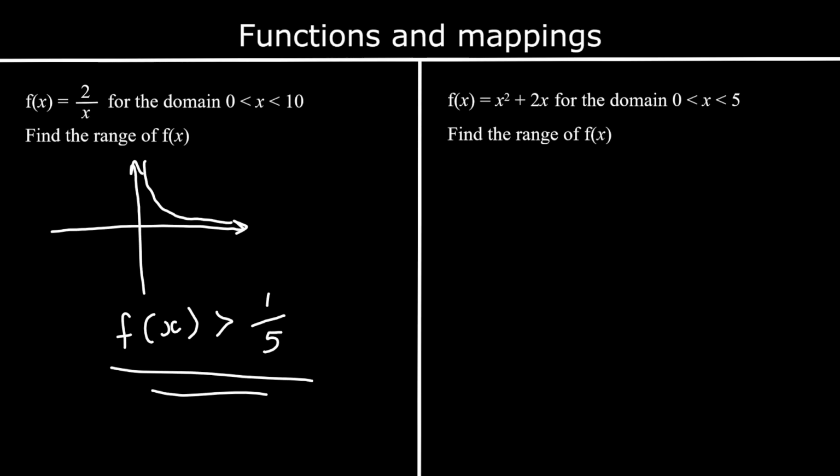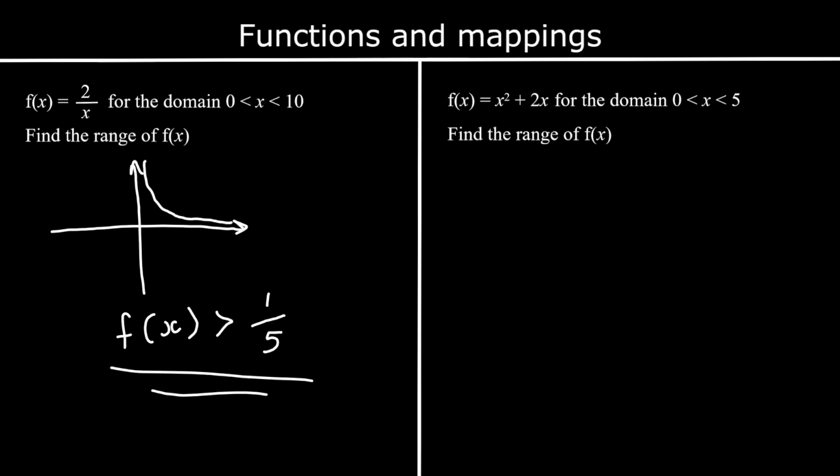One for you to try. Give it a go. So f(x) equals x squared plus 2x. For the domain 0 to 5, find the range of f(x). So we've got a quadratic, and the minimum point, it's not going to matter actually, but I'm going to work it out anyway.